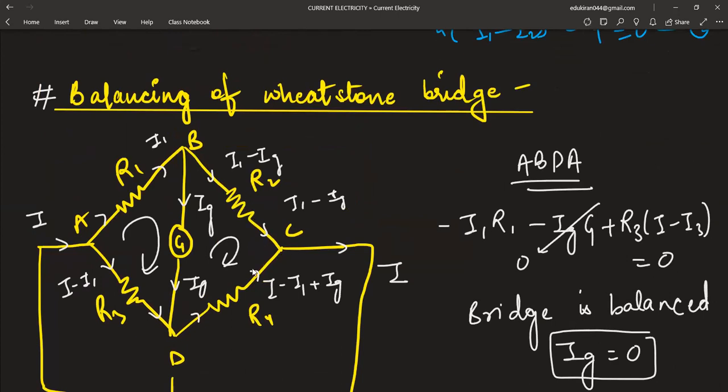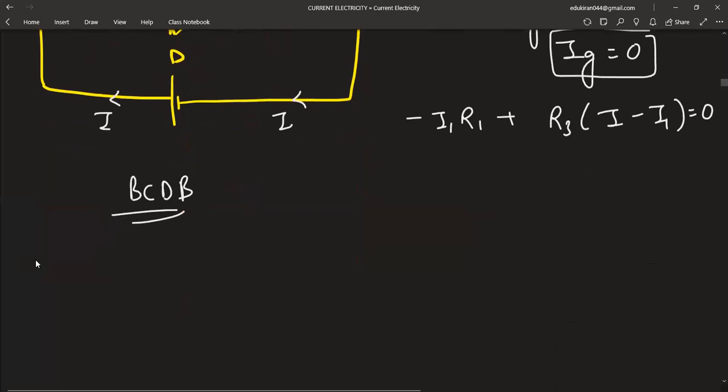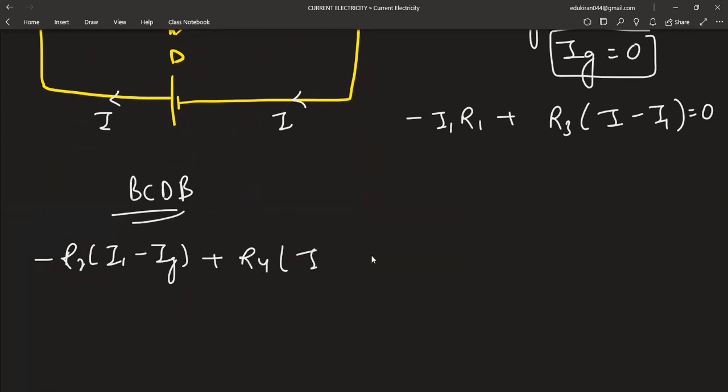Then this is opposite to the direction of current, so it will be plus. And this is also opposite, so it will be plus. So that is minus R2 into I1 minus IG plus R4 into I minus I1 plus IG, and the last one was plus IG into G, equal to 0.